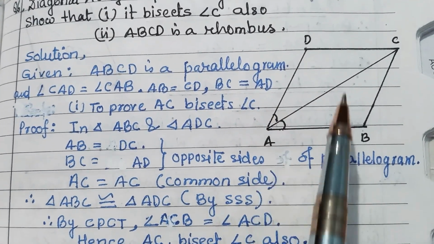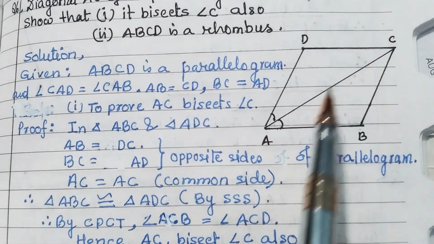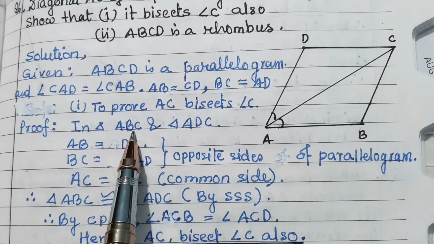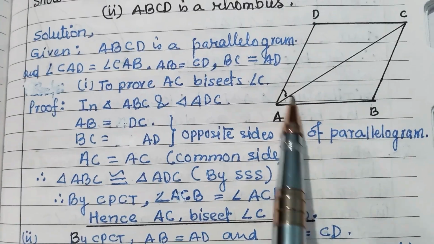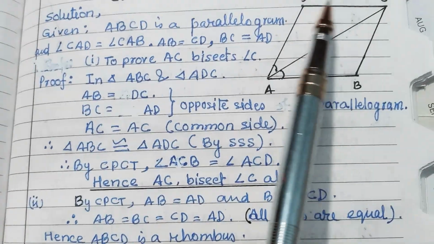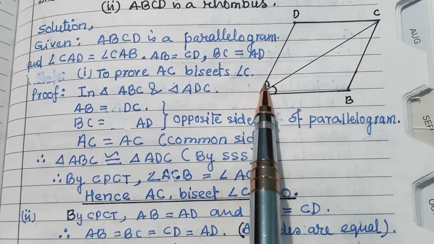Now first, in triangles ABC and ADC, we take these two triangles. AB is equal to CD and BC is equal to AD, since it is a parallelogram, as given. Got it?